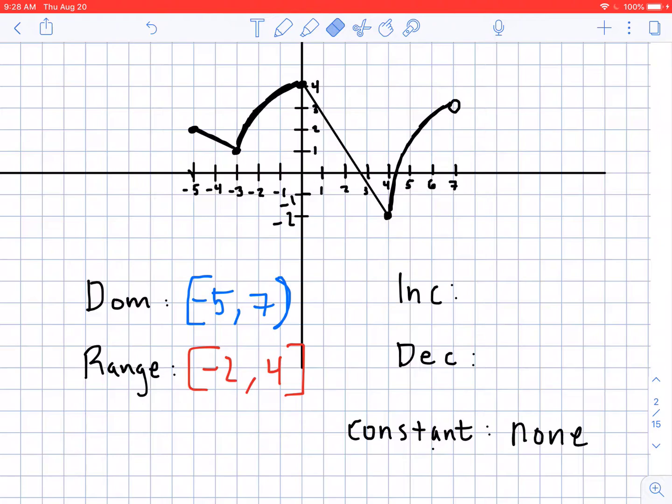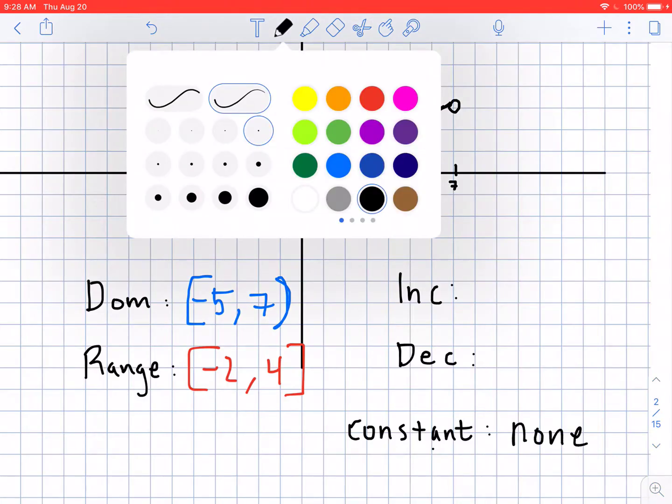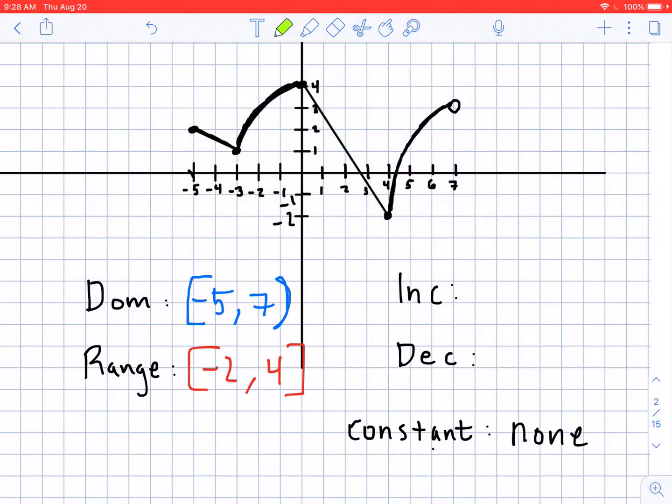In this specific example, there isn't a section that's flat. So let's look at the increasing spaces. We've already said that it's increasing over this section and over this section. But these are intervals, so these are sections of the x-axis. So when I say all of this is increasing, over what section of the x-axis is that happening?